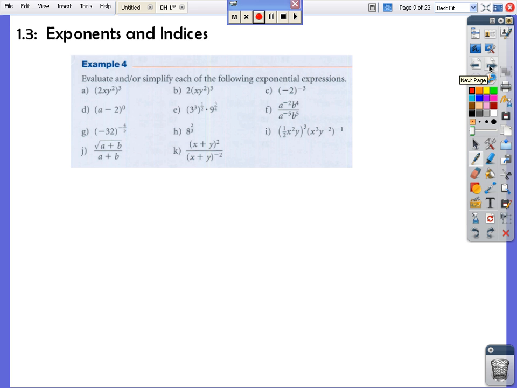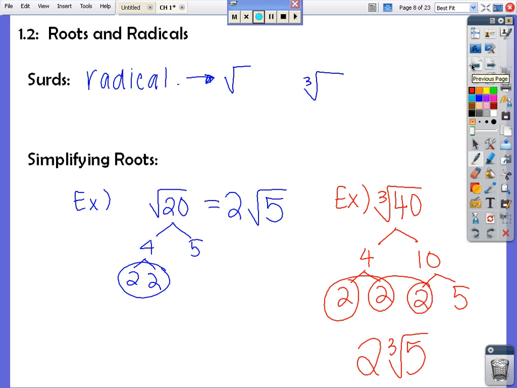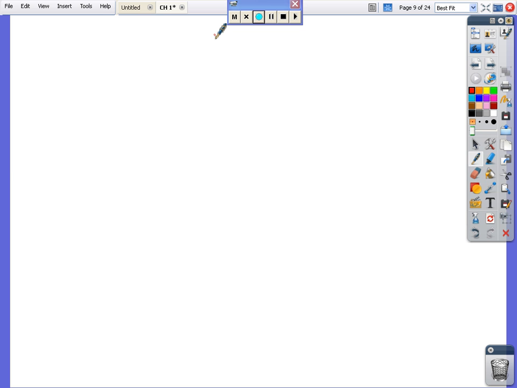Exponents and indices 1.3. So we're moving quickly here. When we are talking about, actually, let me back up a little bit. I'm going to insert a page here because for your square root problems, let's just make sure that there's some basic things to remember. So if I had a problem such as, example 3, the square root of 12 plus 8 square root of 3.